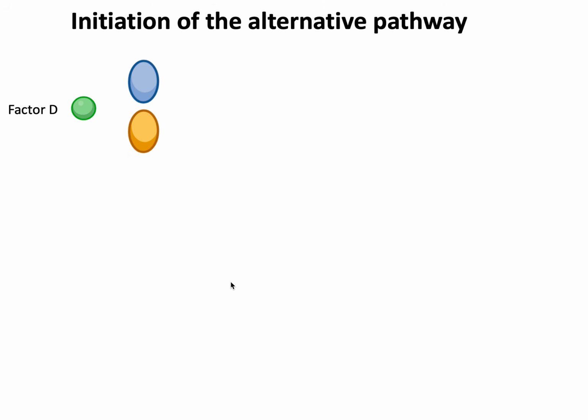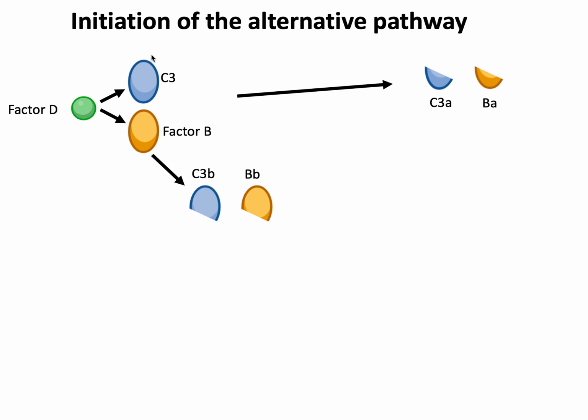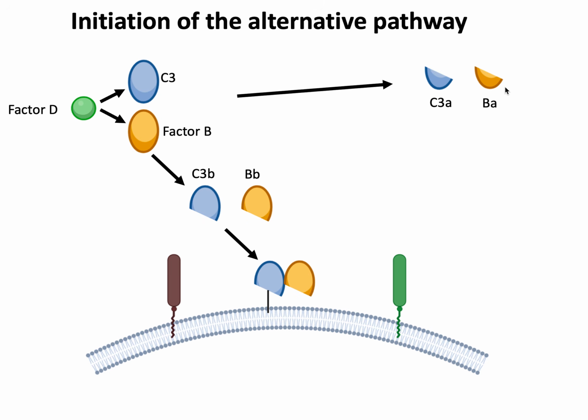So there's a factor of complement called factor D that leads to the cleavage of 2 complement components, C3 and factor B, into 2 subunits, C3b and Bb and C3a and Ba. C3b and Bb bind to the surfaces of membranes and form what is called the C3 convertase.